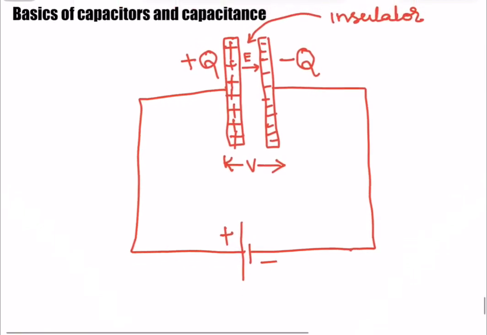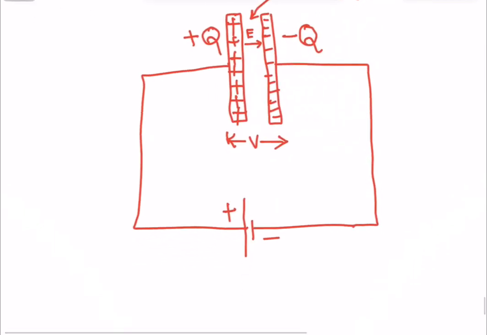It is found that the charge that is developed on the capacitor is directly proportional to the EMF of the cell, or simply we can say the potential difference created by the cell across the capacitor. Q is found to be directly proportional to the potential difference.